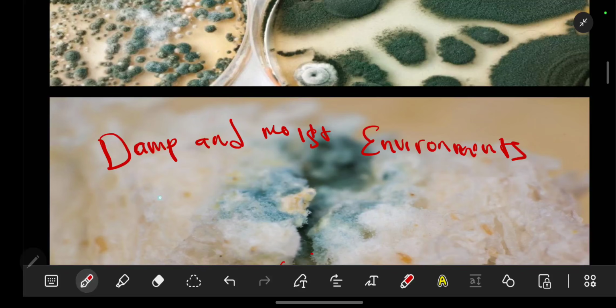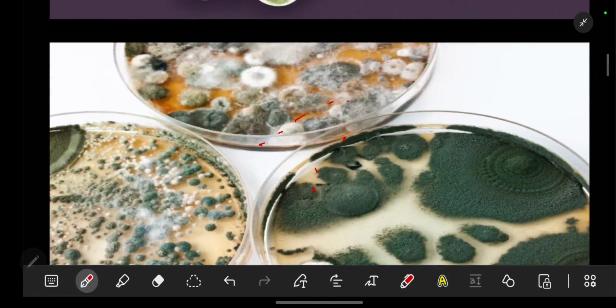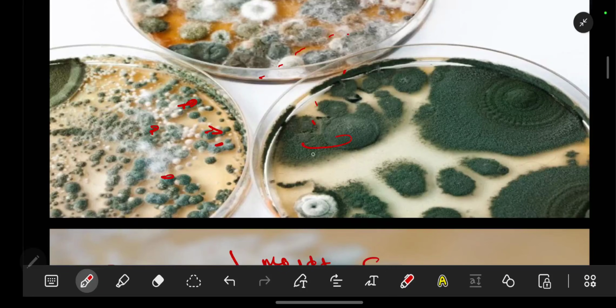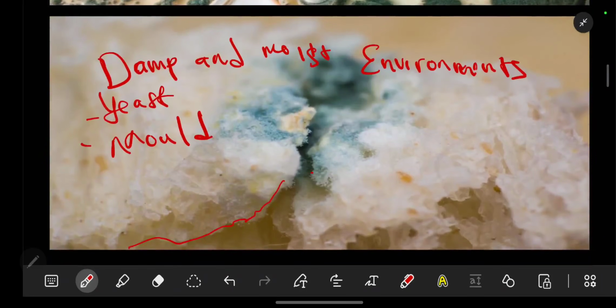The examples that we can have here are yeast, which is found in damp and moist environments, as well as mold. Mold is the one that is responsible for making foods more like roots. So that is where most of the fungi is found. Even mushrooms are also found in damp and moist environments.